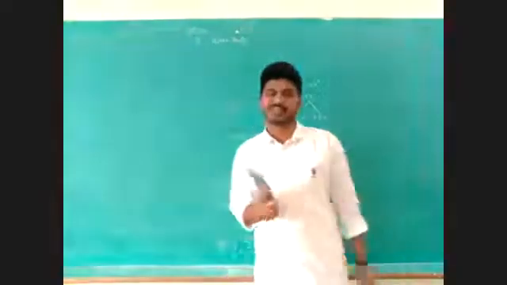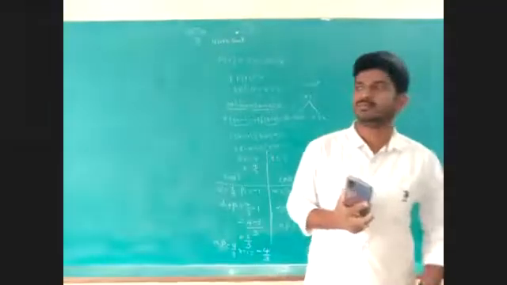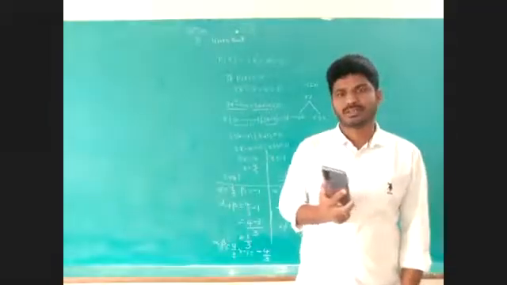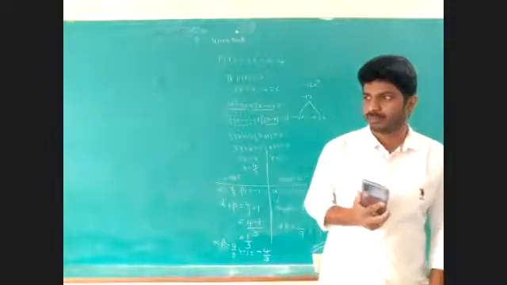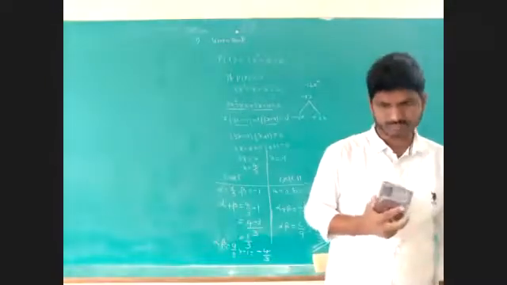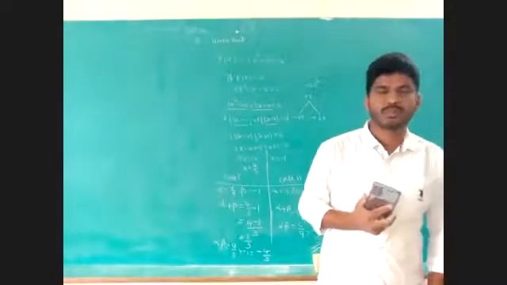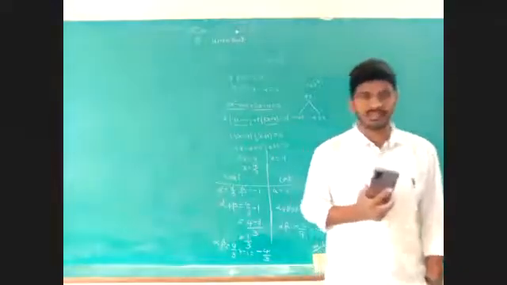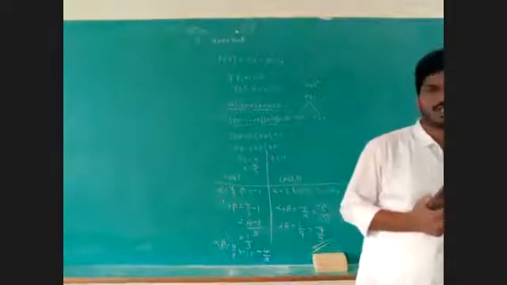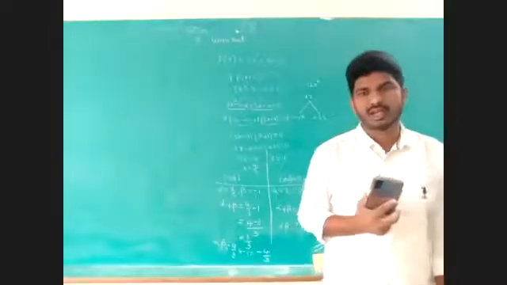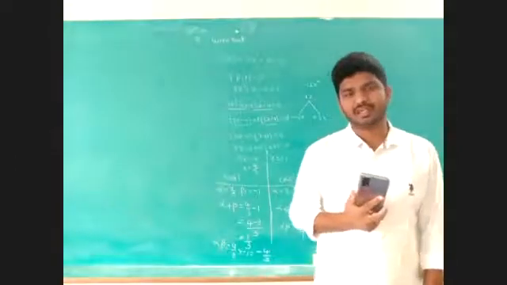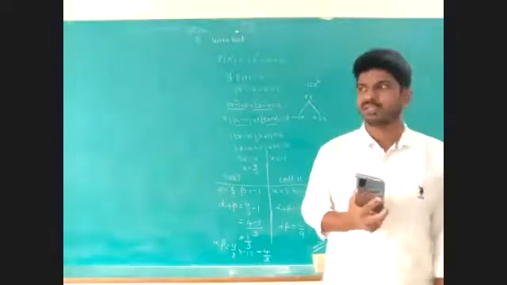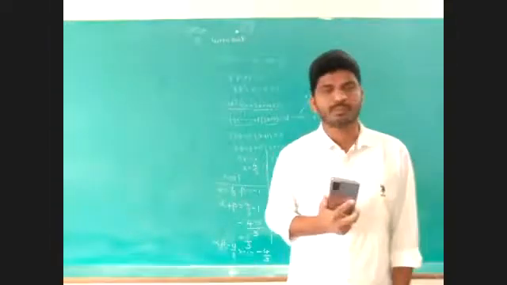So what is the general form of cubic polynomial? ax cube plus bx square plus cx plus d, where a is not equal to 0 and a, b, c, d are real numbers. That is the general form of cubic polynomial.